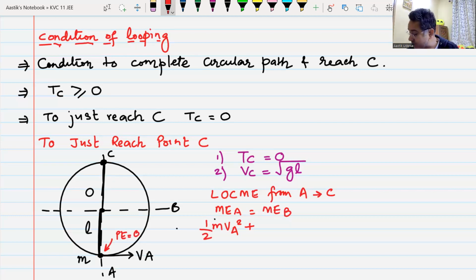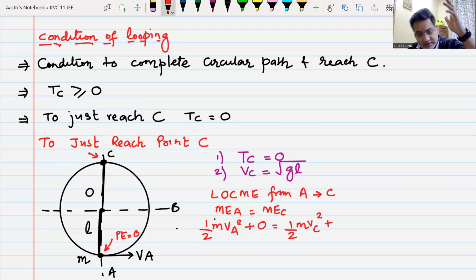So kinetic energy at point A plus potential energy at point A will be equal to kinetic energy at point C, half m VC square, plus potential energy at point C. I've written it wrongly, I'm writing it from A to C. The lowest point potential energy is 0.